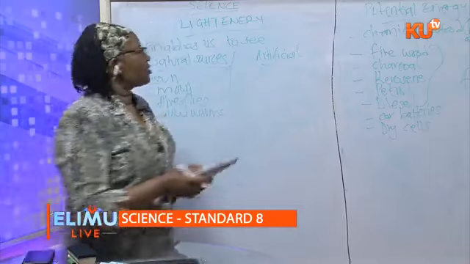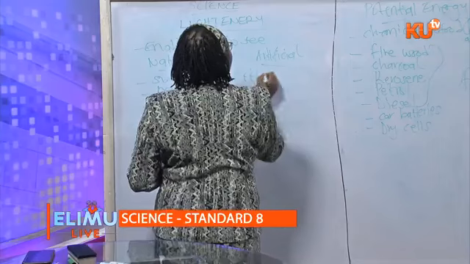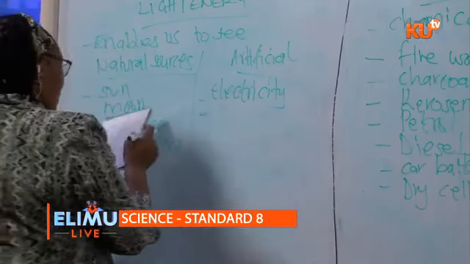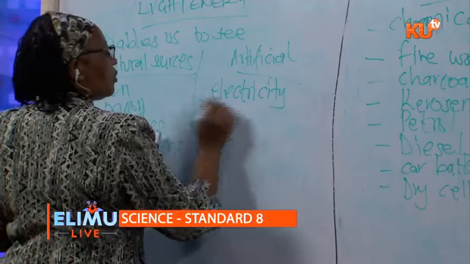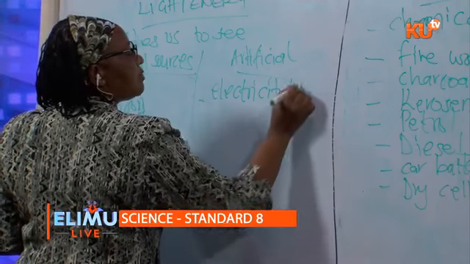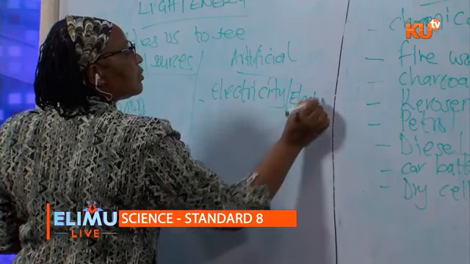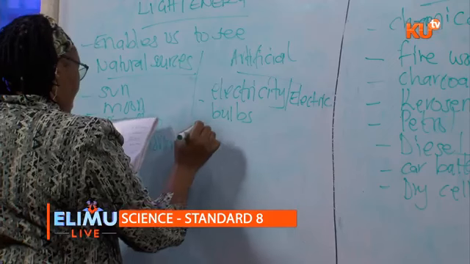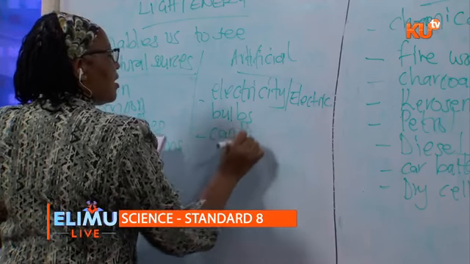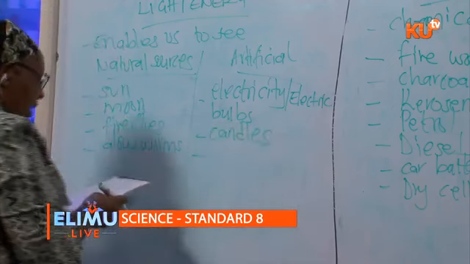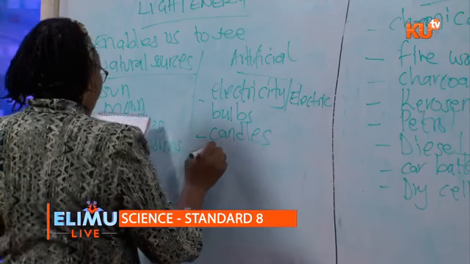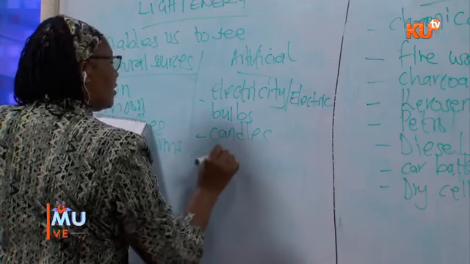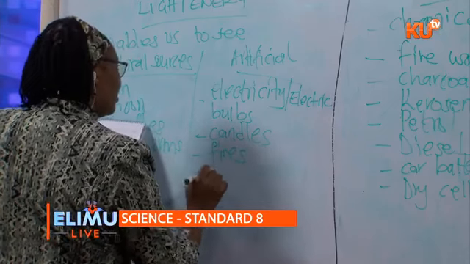Then we have artificial sources like electricity, or we have electric bulbs. Then we have candles. Sometimes when we have a power blackout, we usually use candles. We use even fires can be used.